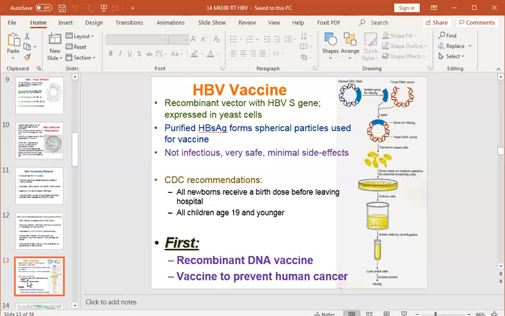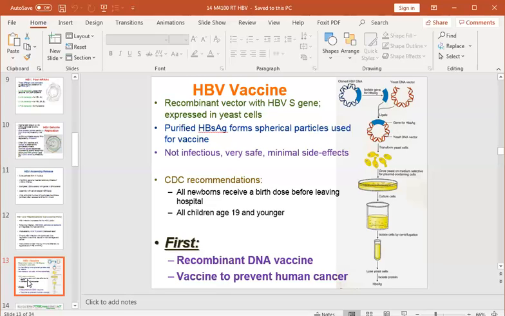So the purified HBS antigen forms spherical particles that we use for vaccination. It is only the envelope glycoprotein without the genome. Therefore, it is not infectious, and it is very safe with relatively negligible side effects.